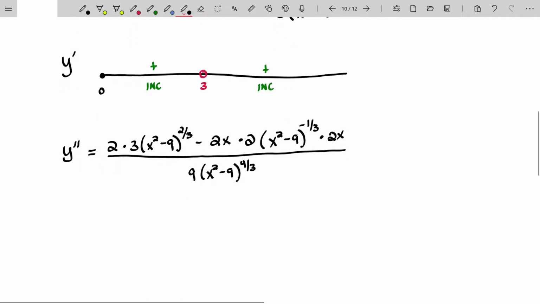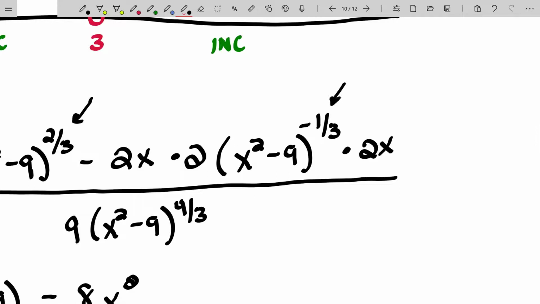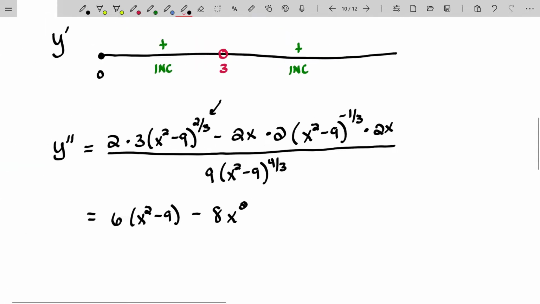So let's do it. We get 6 times, if you add 1/3 to that power, it's just a beautiful (x squared minus 9) to the first. Minus, well, this is going to be 2 times 2 times 2, or 8x squared. Let me just double check that. Yep. And you add 1/3 to that power, it becomes the 0th power. So that's gone.